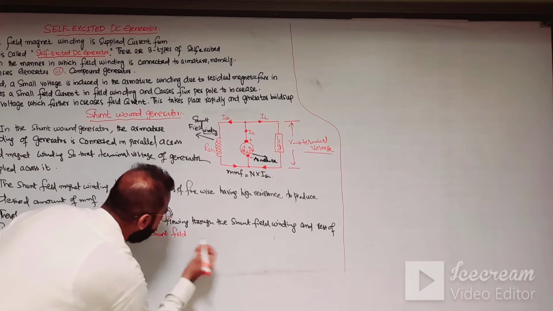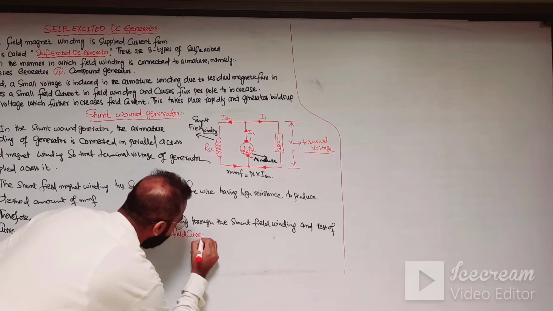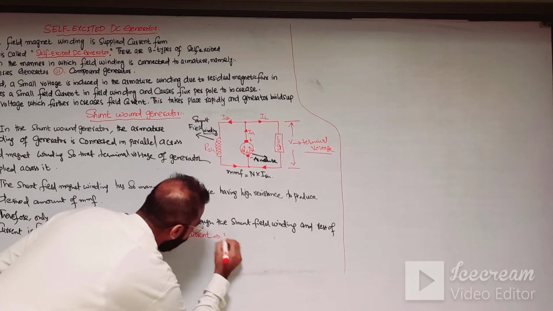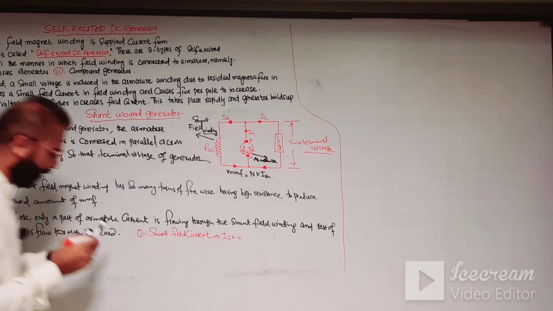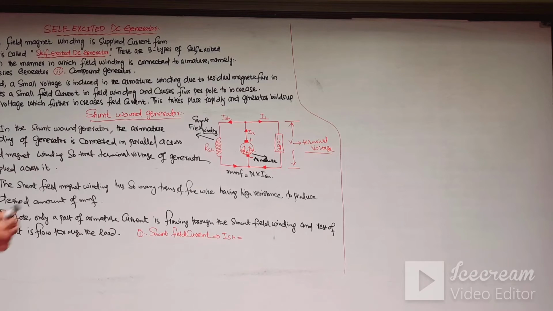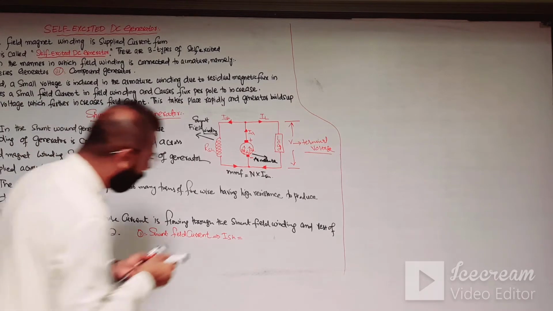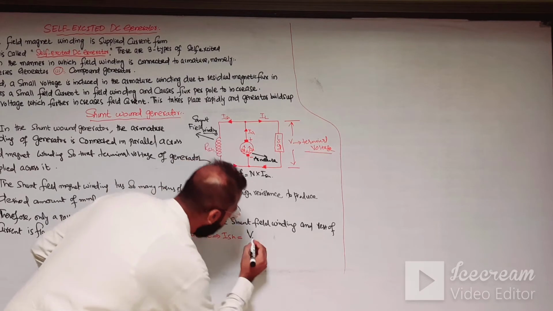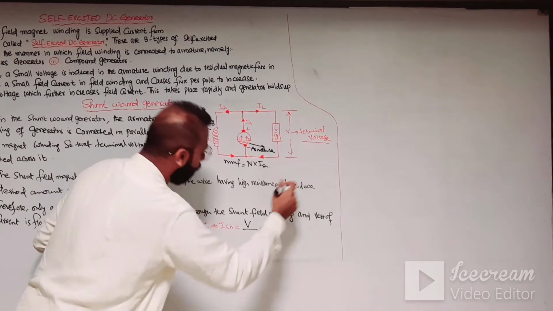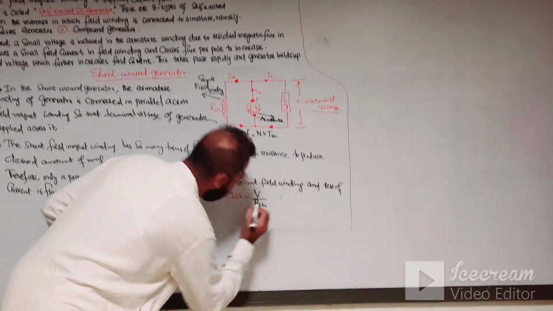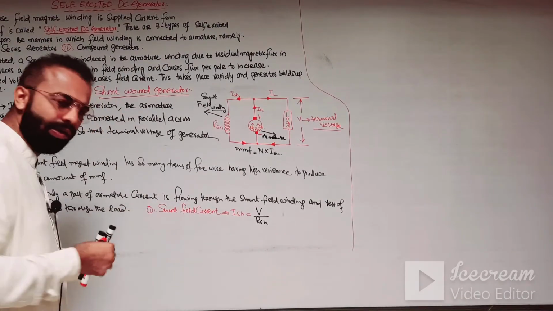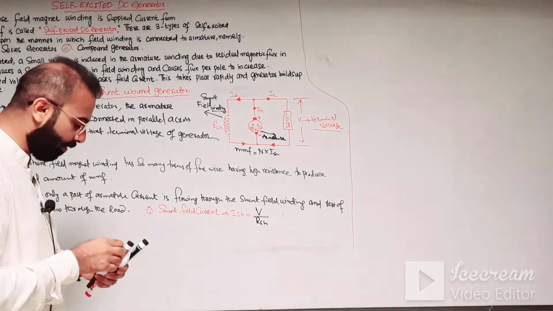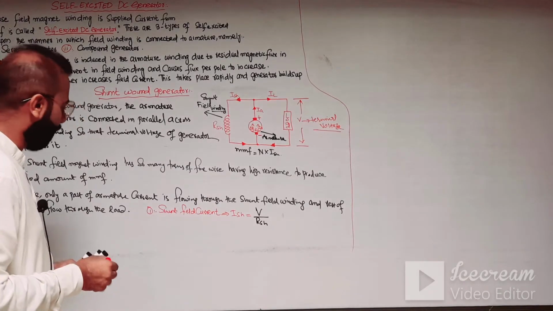In the case of the DC shunt wound generator, I shunt is equal to, according to Ohm's law, V over R. So this is the terminal voltage divided by R shunt. This is the formula for calculating I shunt in the case of the DC shunt wound generator.